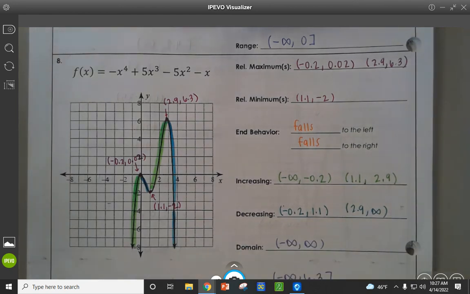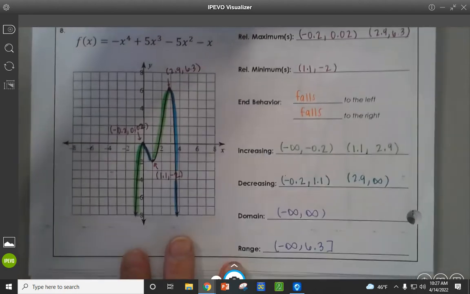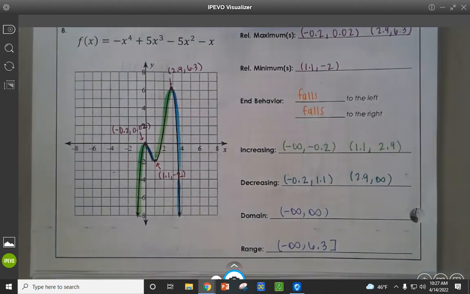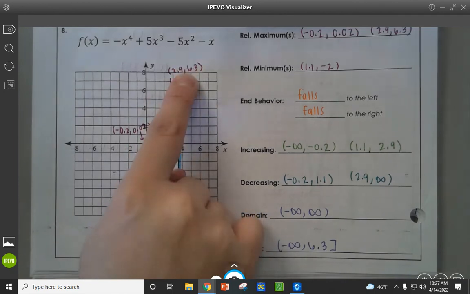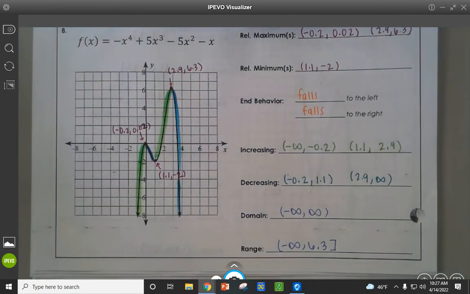And then domain and range. Remember, this is your y value. So we have arrows on the bottom. This is the highest point, so 6.3. Any questions?